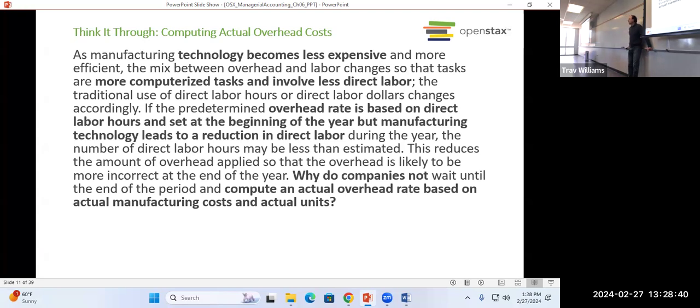Okay, so we do want to apply it to every job or every process, right? Depending on if we're doing job order or process costing. And that is correct, but we could do that at the end of the year, right? So why not? Why not wait till the end of the year to apply those overhead costs more accurately?